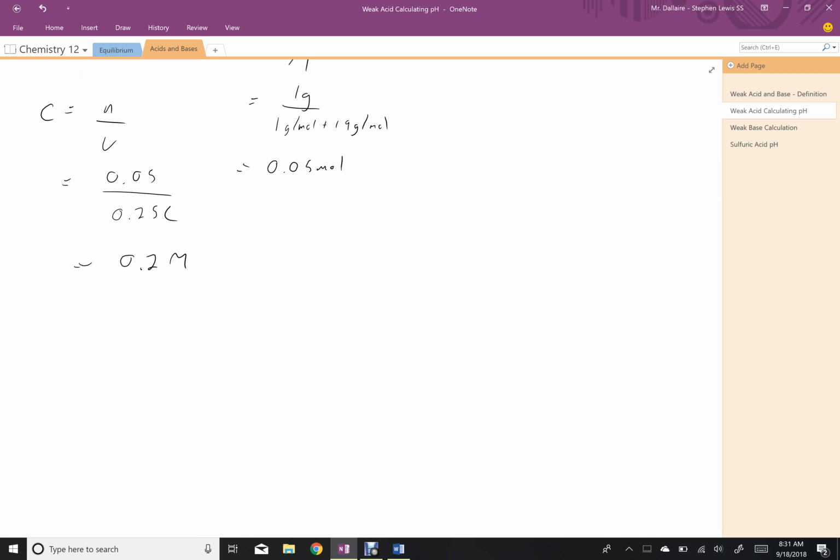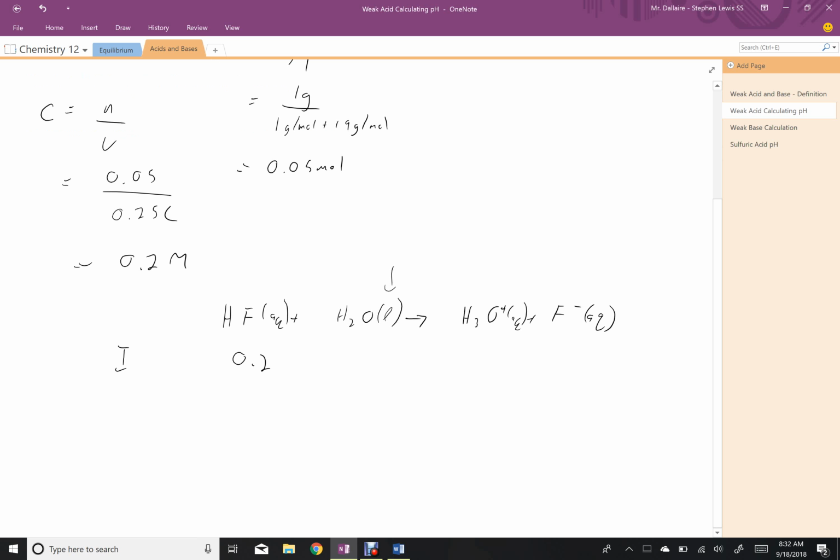Okay, with that in mind, I'm going to write out my reaction. HF in the forward reaction is reacting with water as a proton donor. So in my initial situation, I'm assuming I have 0.2 molar HF. I'm not going to include my concentration of water because it's a liquid, which means it's fixed, so I'm not interested in it.